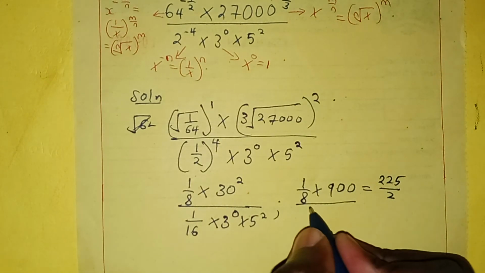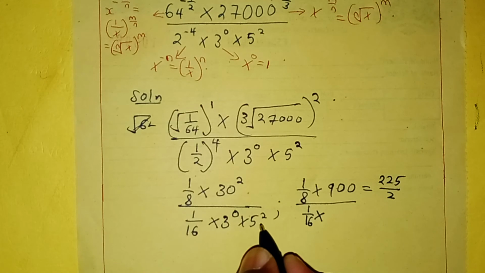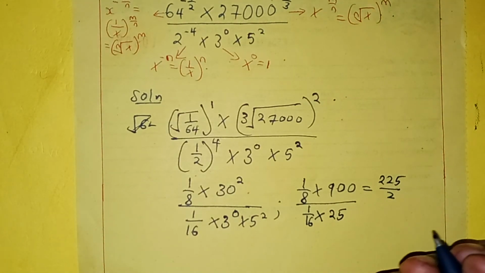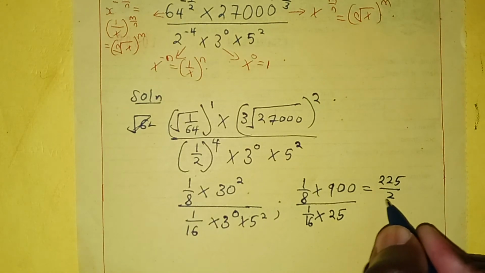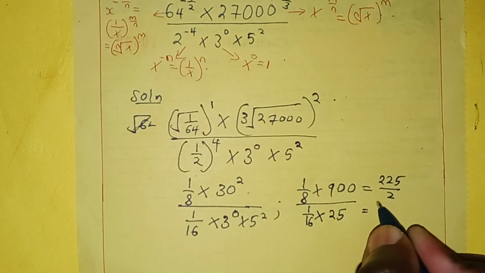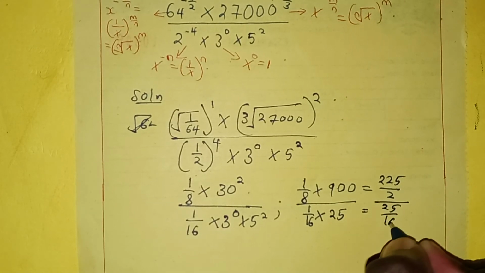So we'll have 1 over 16 times 5 squared, which is 25, right? So we'll have 225 over 2, then over 25 over 16.